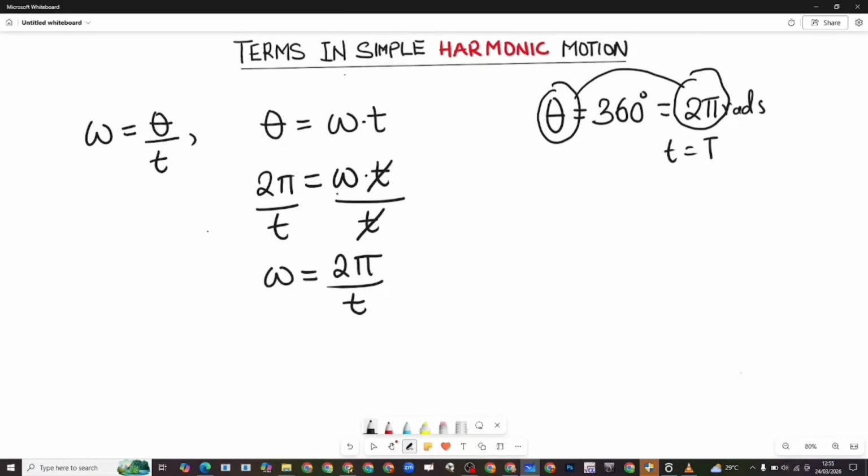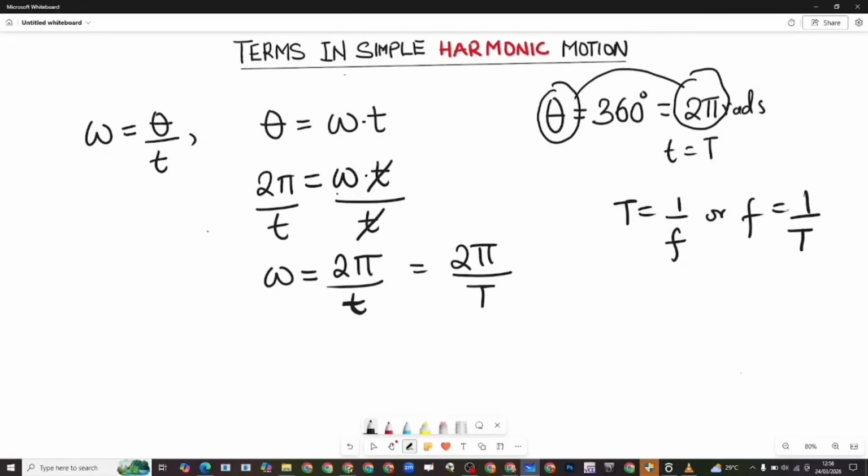But our t has changed to the period, because we are converting from our theta to rad. That becomes 2 pi over the period. Are we good with this? Remember, we said that our period T is equal to 1 over frequency, or our frequency is equal to 1 over period.